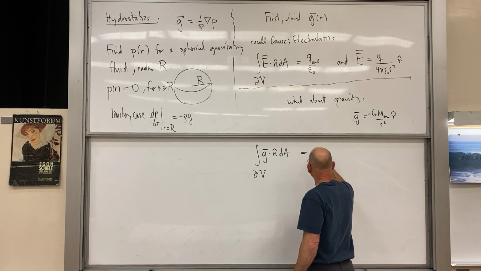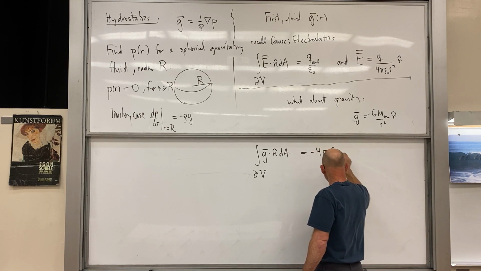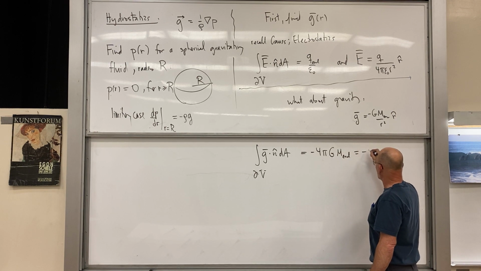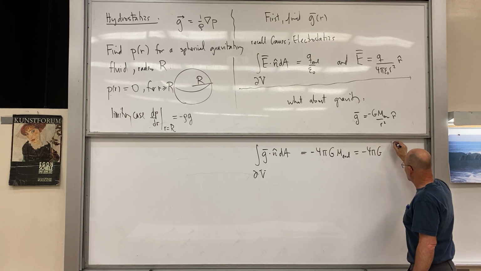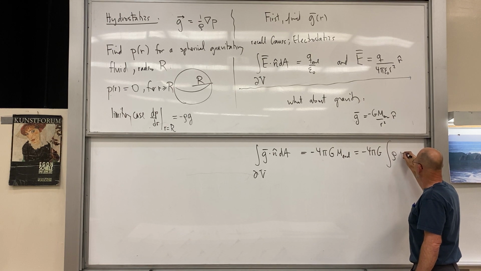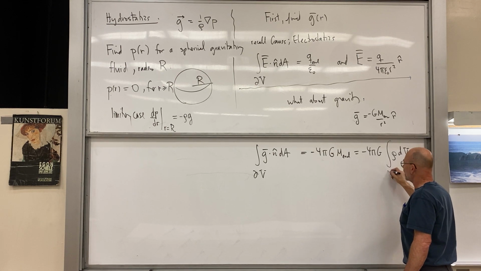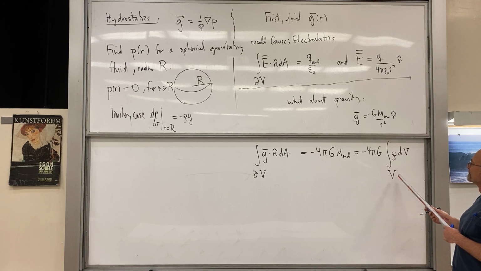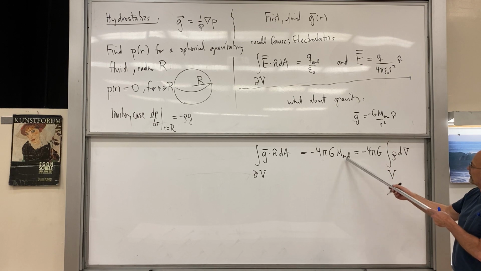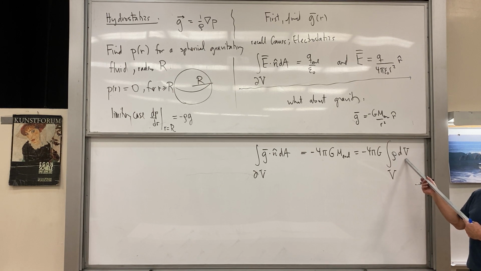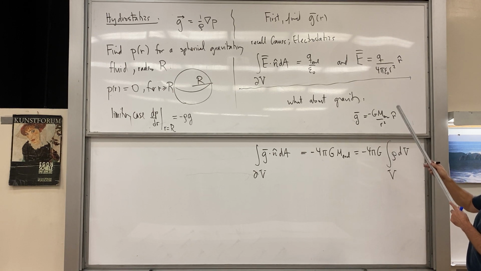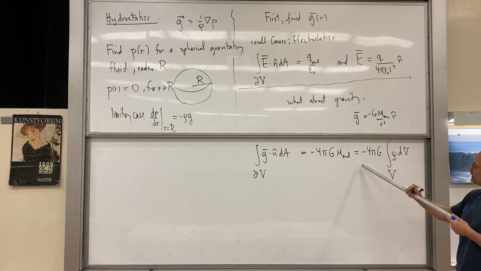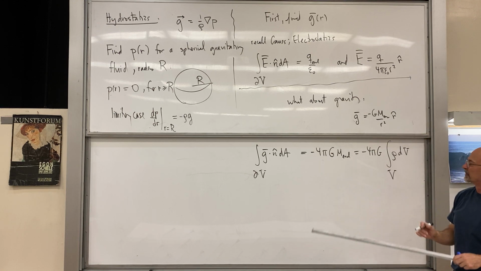So it turns into minus 4 pi G M enclosed. So what we want to have is minus 4 pi G integral rho dV over this volume, because the M enclosed is the integral of density dV. That's just a way to jog your memory if you'd forgotten this form of it. You could go the other way around too. If you remembered the gravity, you could get your electrostatic.